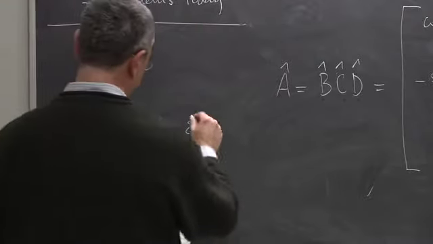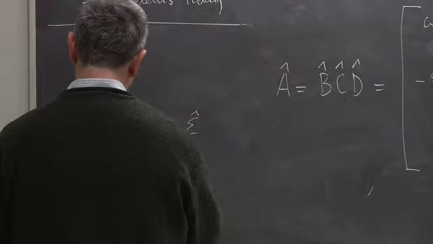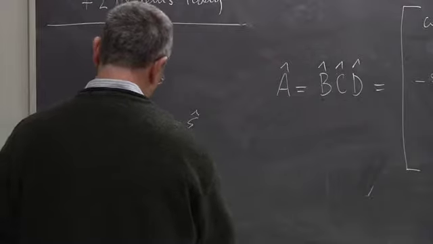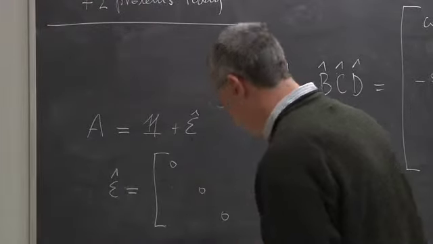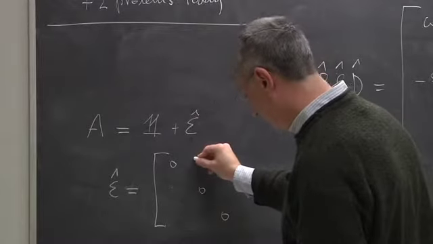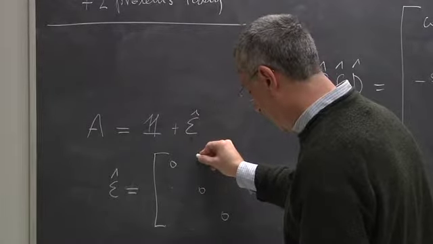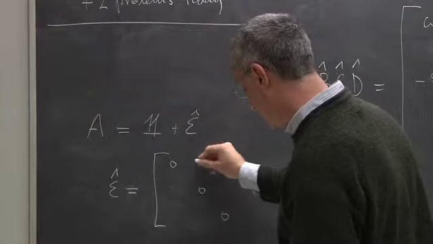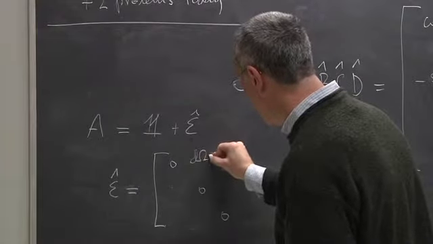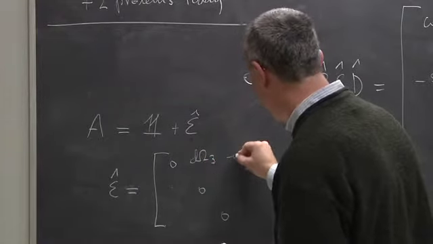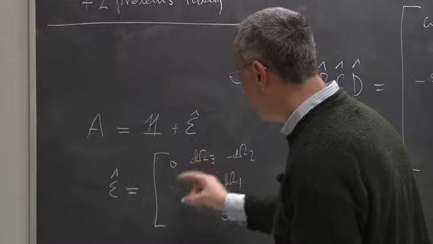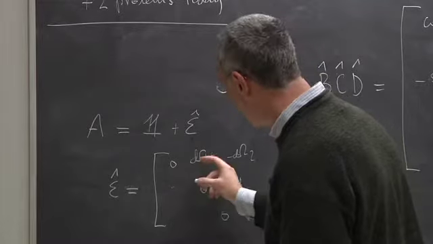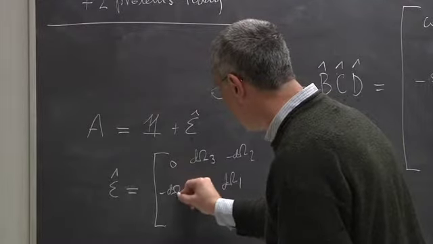This matrix epsilon has three components, let me call them d omega 3, d omega 2, and d omega 1, and it is antisymmetric.